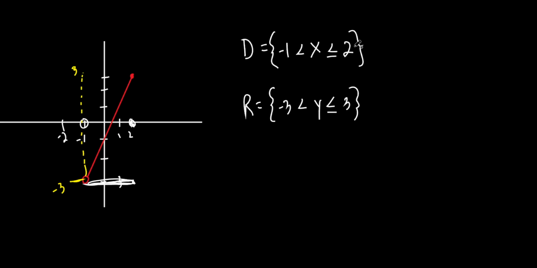Those are all the domain, that's all the x values. So just think of it as being like an infinite number of ordered pairs, all right? But I can't write that, obviously, so this is how I write it. This includes everything along the domain. This includes everything along the range. Does that help a little bit?